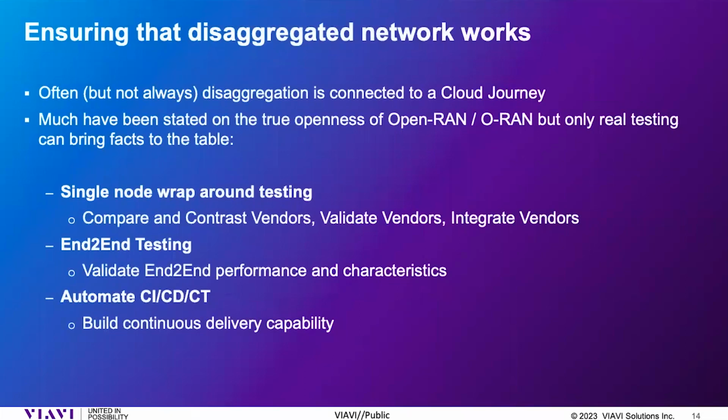So first of all, disaggregation is often connected to the cloud journey, but it's not always the case. But if we assume that the disaggregation is using cloud in this case, then there is as well a question on what cloud, where, and how. And then you need to consider openness or as well lock-in.